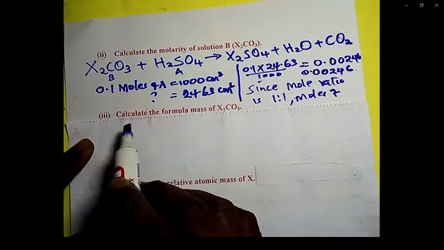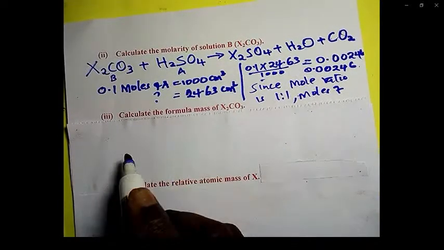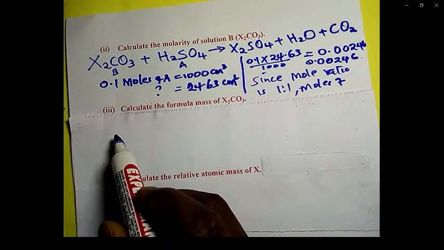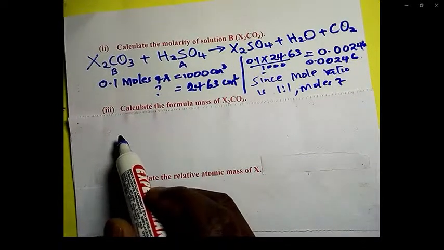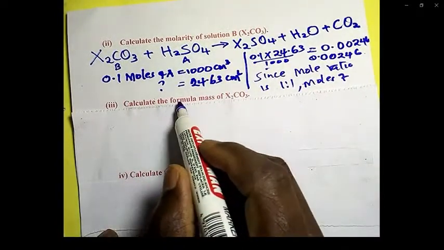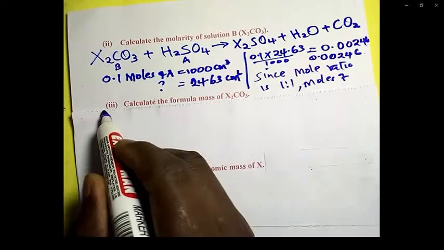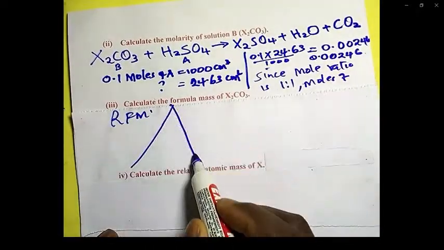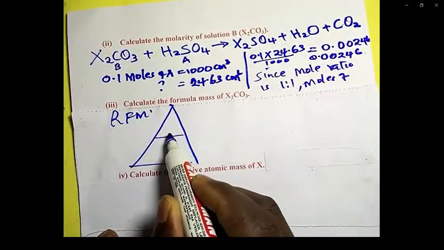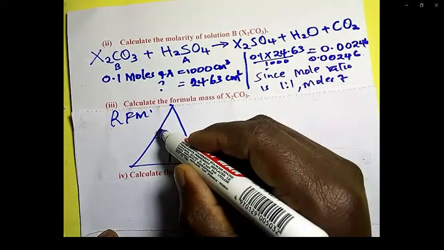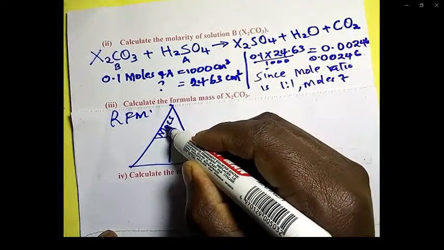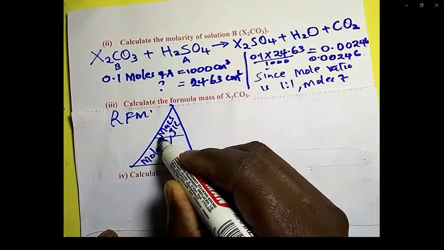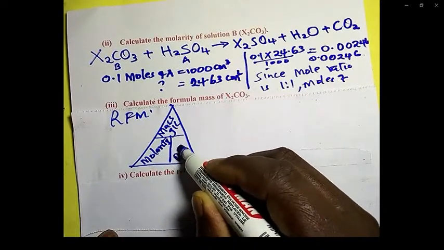Let us go to question 3. Calculate the formula mass of X carbonate. So we want to calculate the formula mass, that is the RFM. Mass in grams per liter, molarity, RFM.